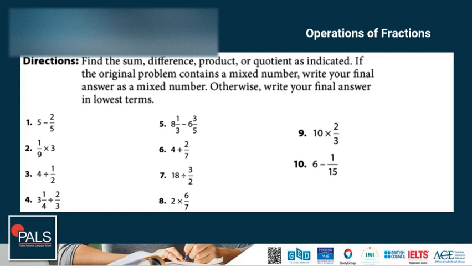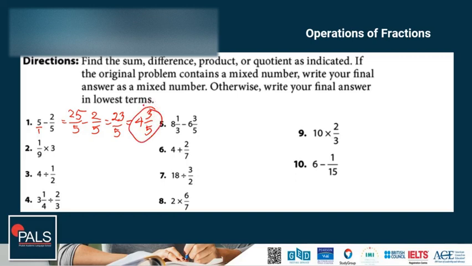Here are the answers. Number 1: 5 minus 2 over 5. So 5 can have a denominator of 1. So we have 25 over 5 minus 2 over 5 is equal to 23 over 5, which is equal to 4 and 3 over 5.